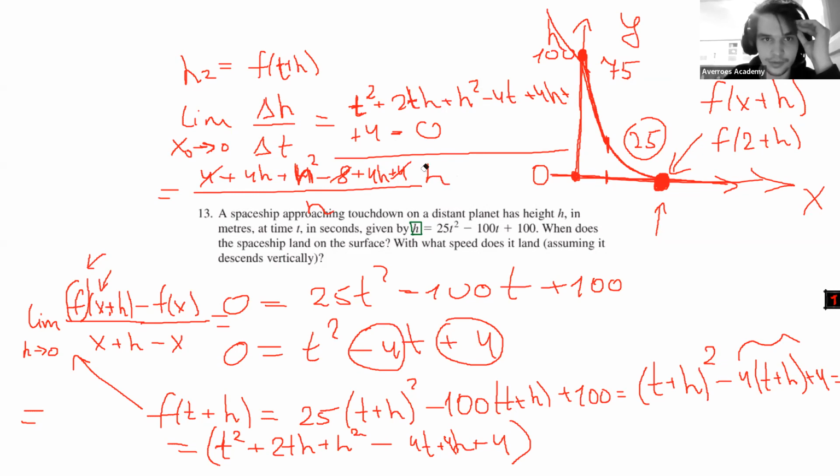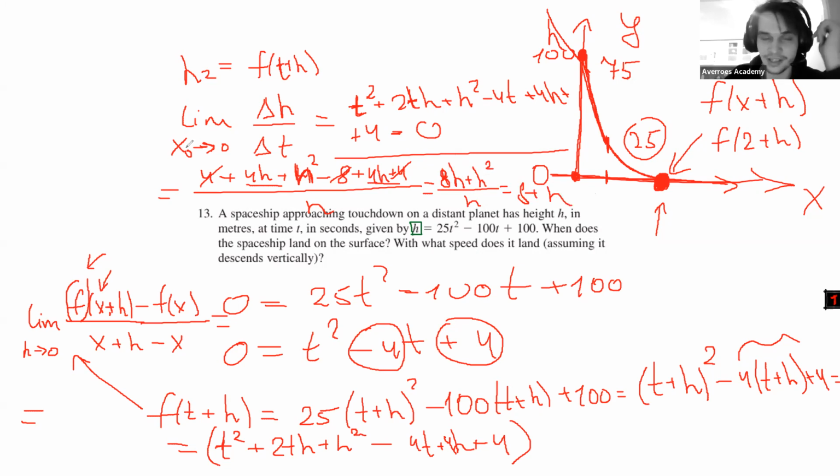You could cancel out the h's. Now we have 4h plus h squared. Actually 8h, because you see 4h plus 4h. So 8h plus h squared divided by h. And if we put it out of the bracket, we have 8 plus h.